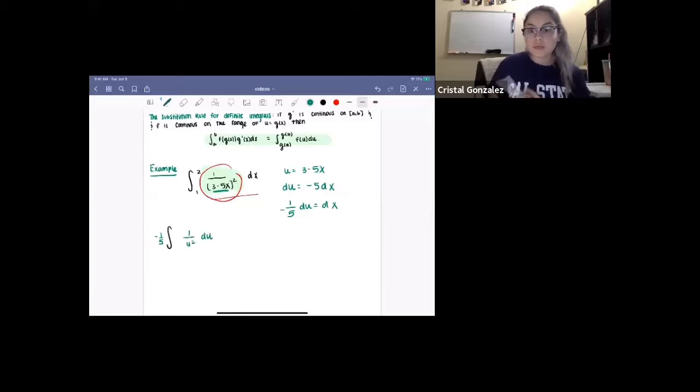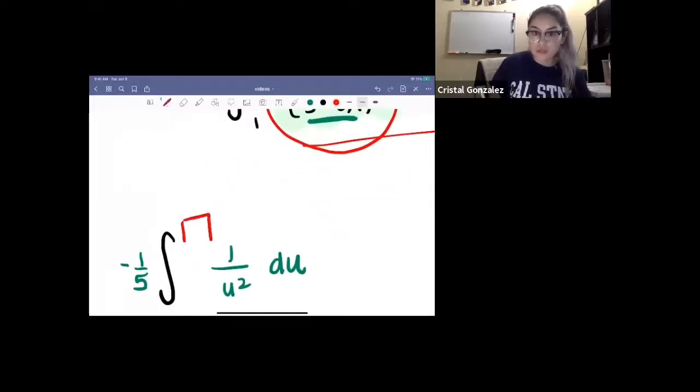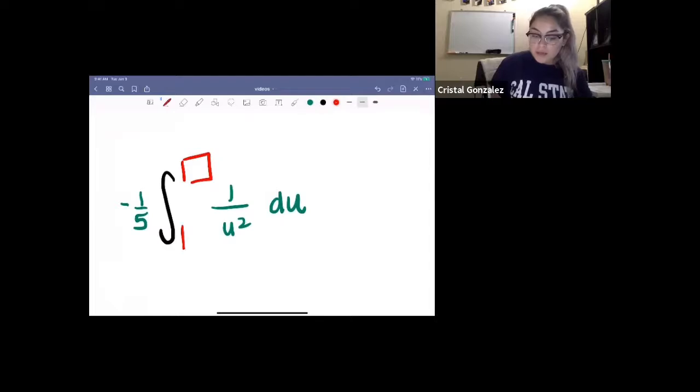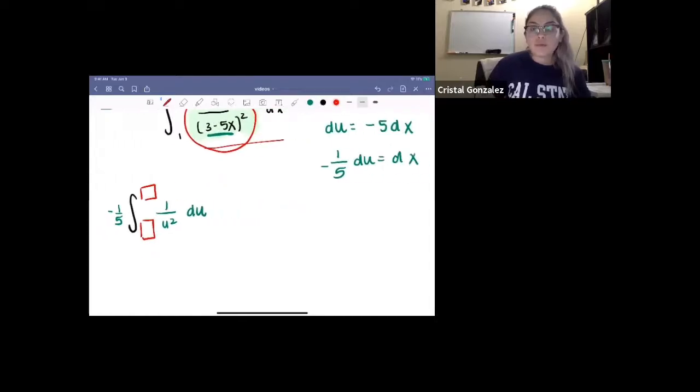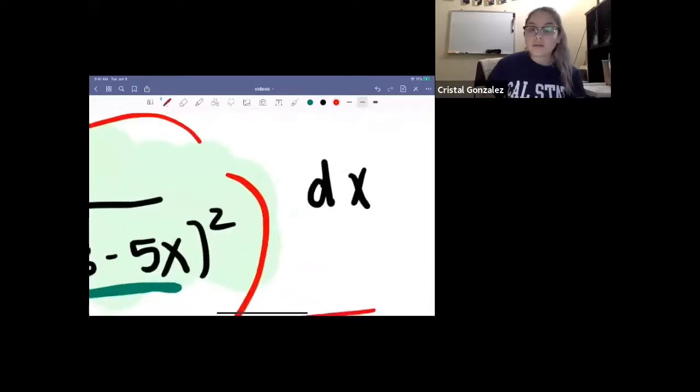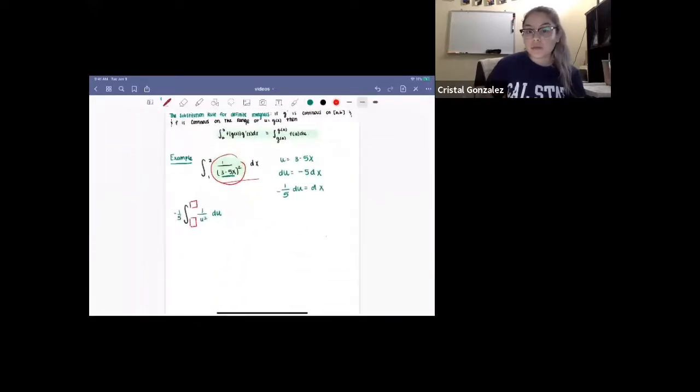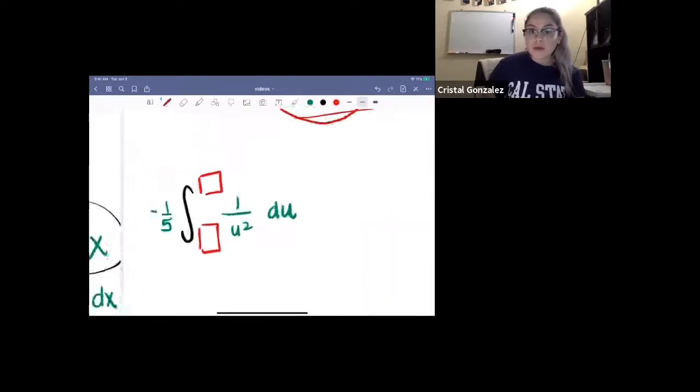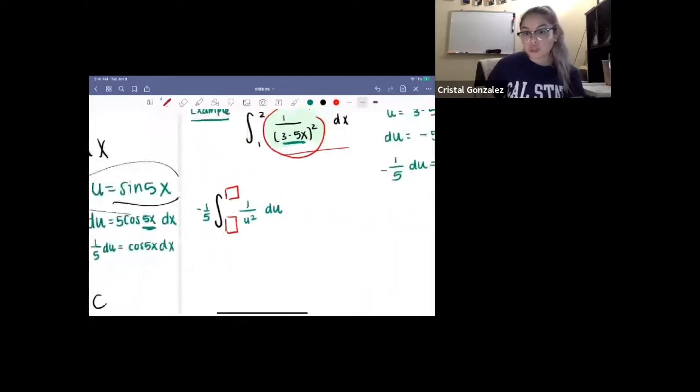Now I was able to replace it, but what we need to do is account for what's going to go in these spots. When we were doing the integral from 1 to 2, we had the variable x, and the bounds were for the variable x. Now we have a different variable u, so our new bounds have to be for u.